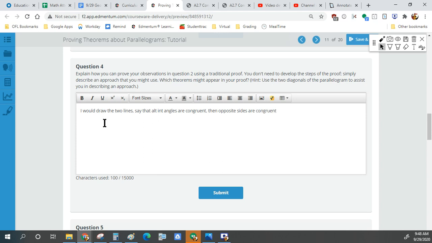And you can see it. You can always draw a picture if you want to make it easier to keep track of what you're saying. Opposite sides are congruent, meaning that the triangles are congruent.